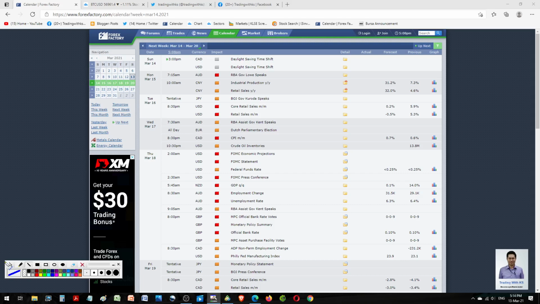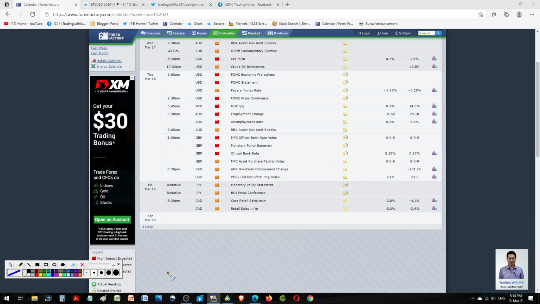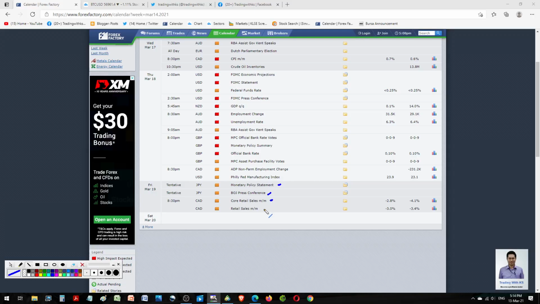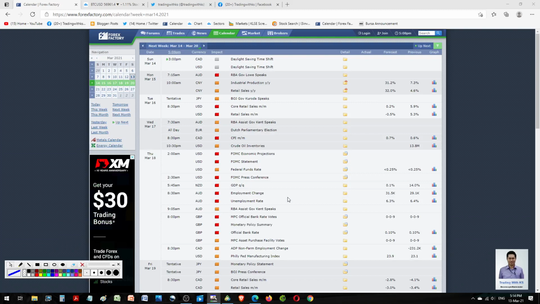On Friday, the monetary policy statement from Japan, BOJ press conference, and core retail sales and retail sales for Canada. So Friday is not a very big impact day. The big impact day is Thursday, so be very careful on Thursday, especially for USD and pound.